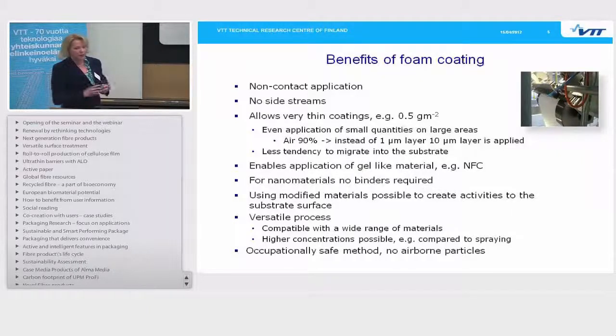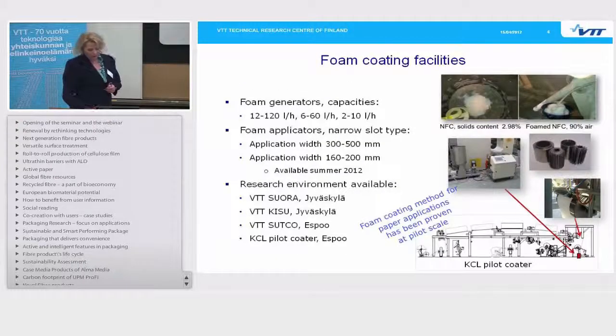With the same equipment, it's possible to apply different kinds of materials. And we can also use higher concentrations if we compare this technology, for example, to spraying. And I want to highlight that this is also an occupationally healthy method because there are no airborne particles. A very important thing if we think about these nano-scale materials.